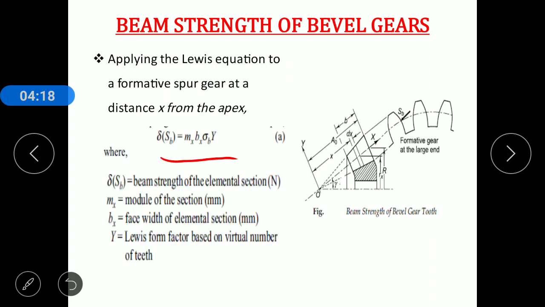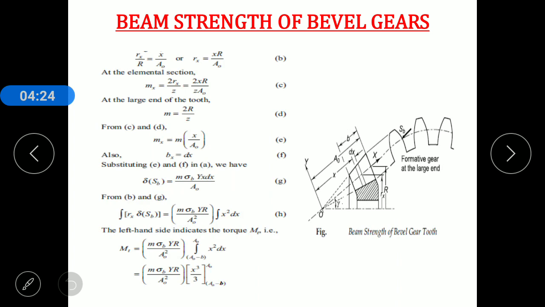The Lewis equation for this formative spur gear is considered as equation A, and the radius of that elemental section, rx equals x into capital R divided by AO, is considered equation B. Now let me find out the module.